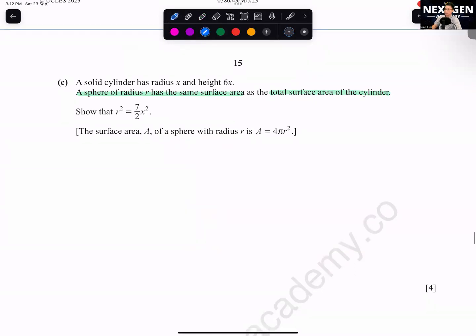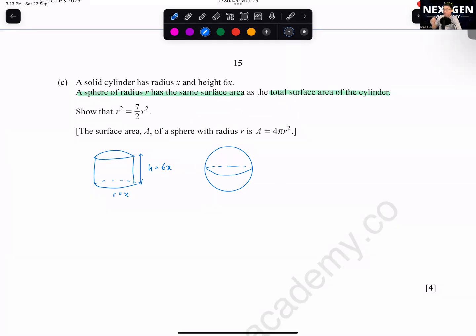Okay, I got a cylinder, like that. I got r equals x, h equals 6x. Then a sphere. Okay, I got a sphere here.